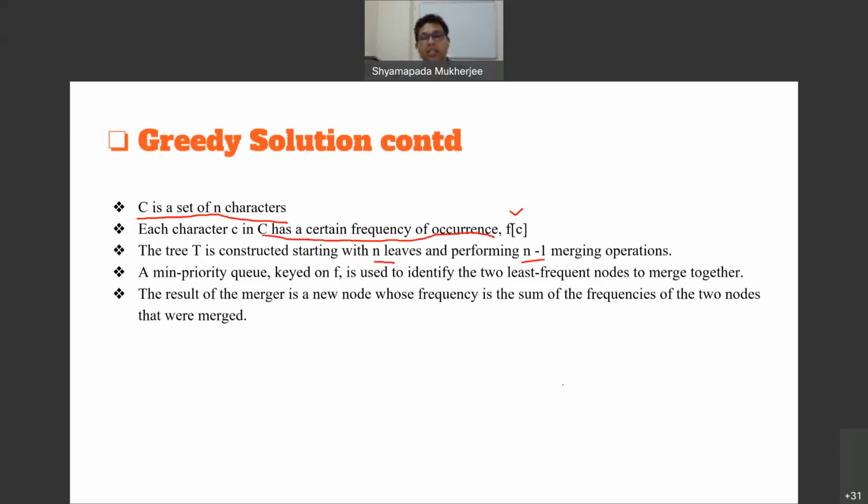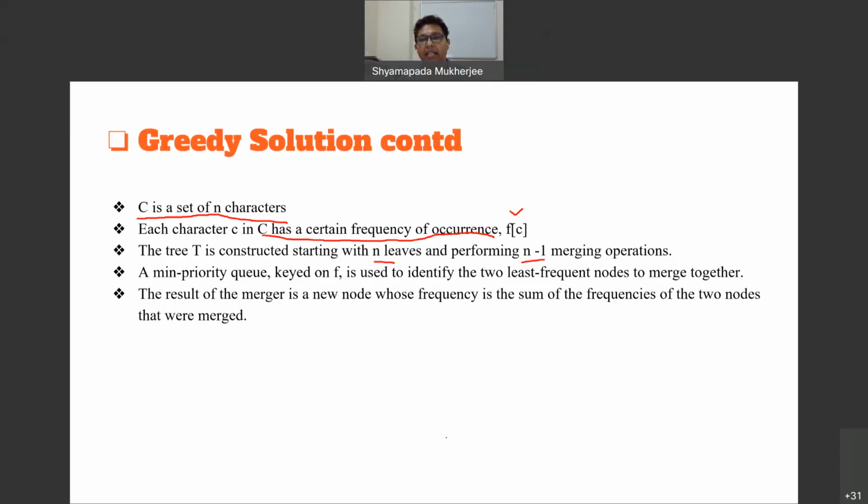We use a minimum priority queue to find the minimum presence of any character, because the tree is constructed from leaf nodes to the root node.